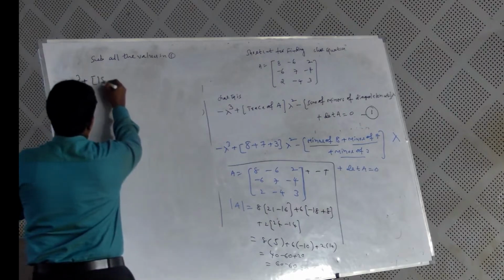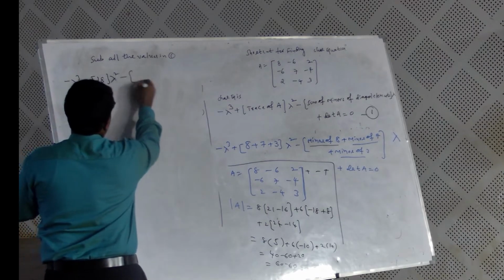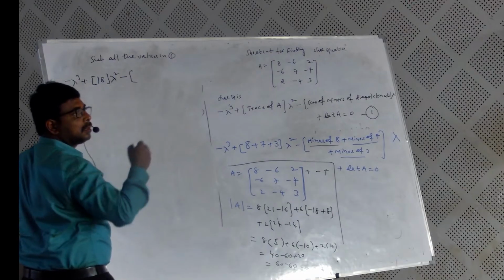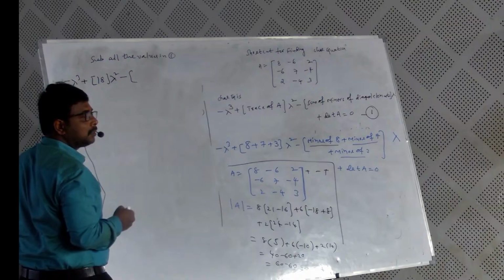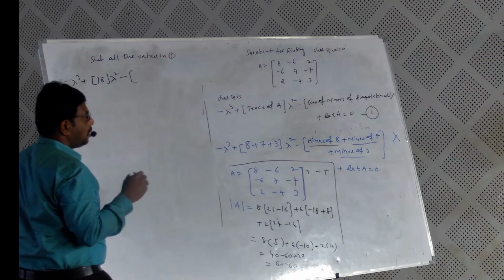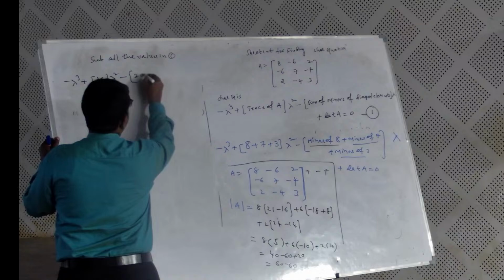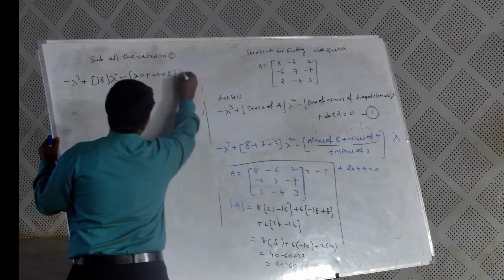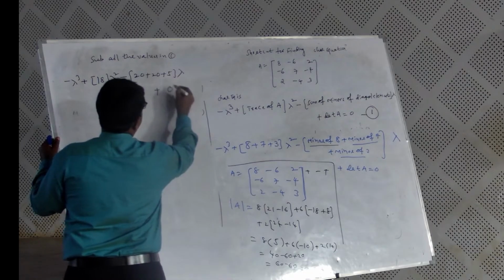18 minus minor of 8, 45, 20 into lambda. What is the determinant?